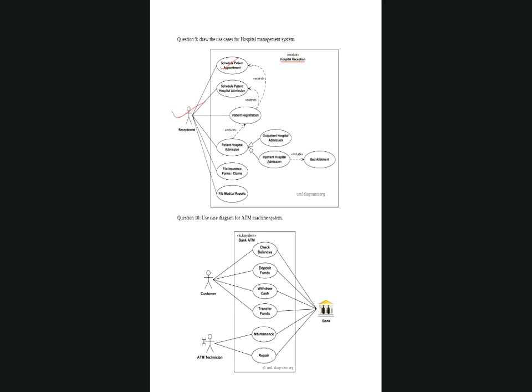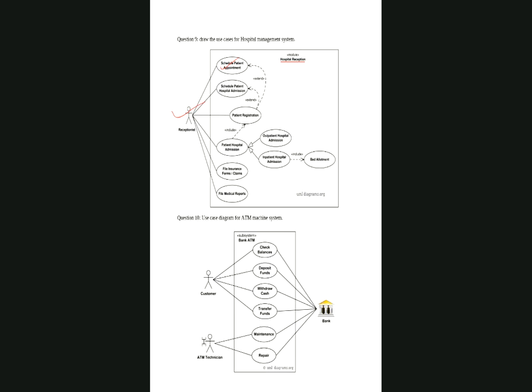If a patient is brought to the hospital in an emergency, the receptionist cannot say, no, you have to take an appointment. By the time his appointment time comes, he will be gone from this world. So the receptionist can schedule an appointment, but in case of emergency, he can directly admit the patient into the hospital.